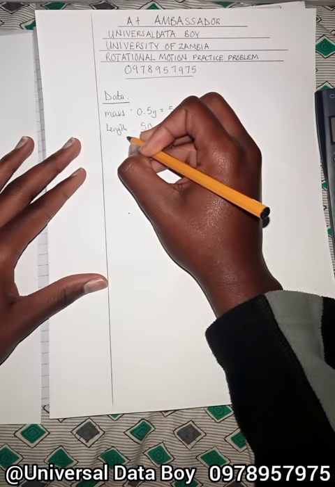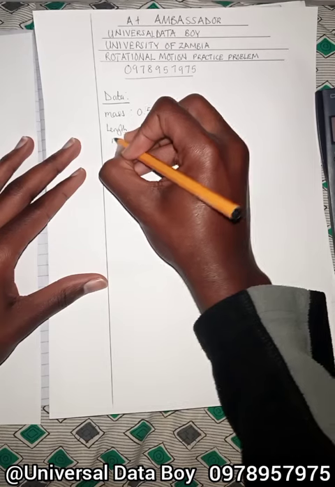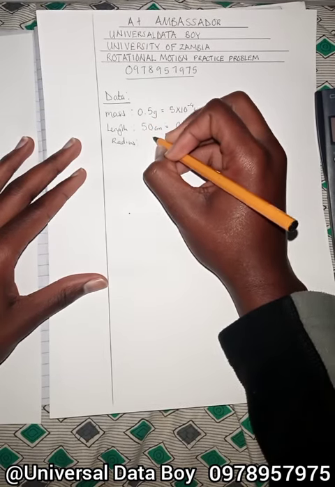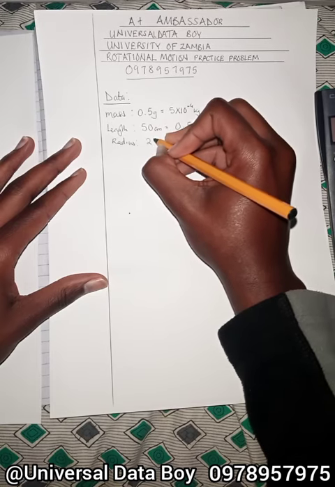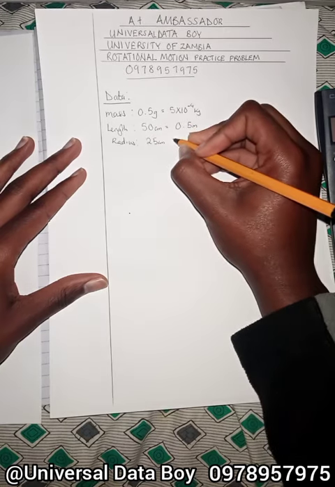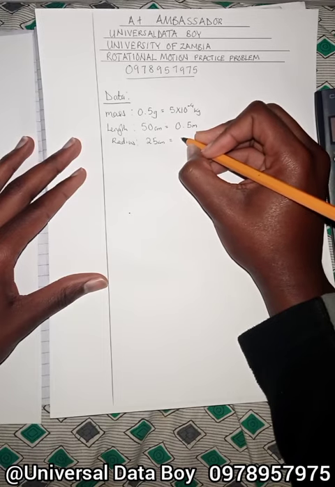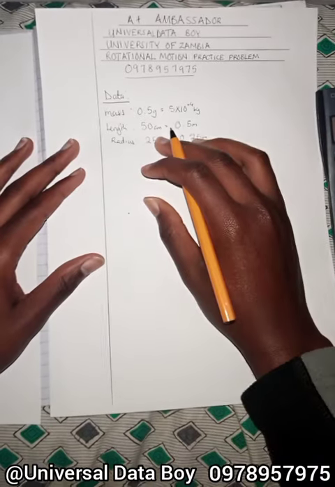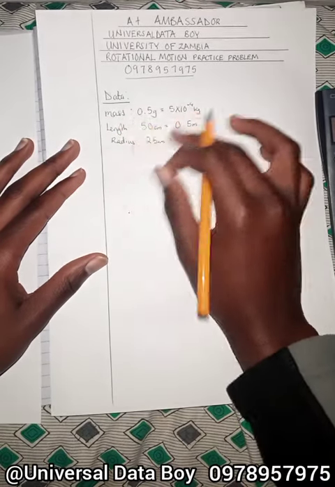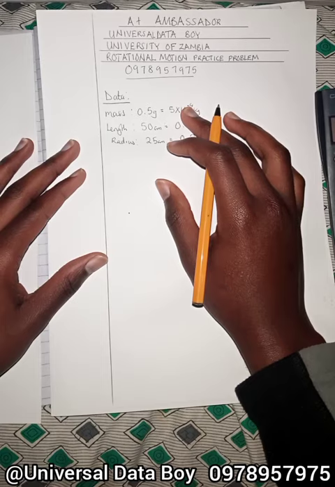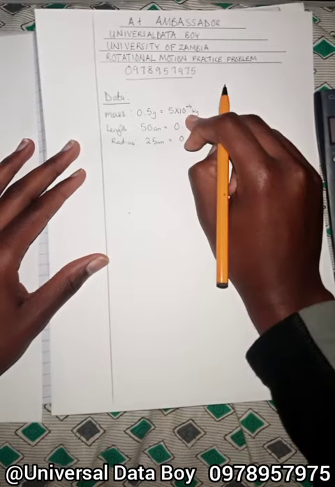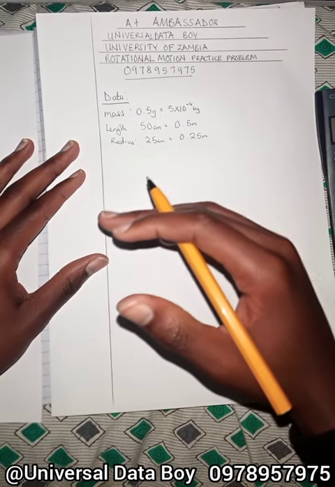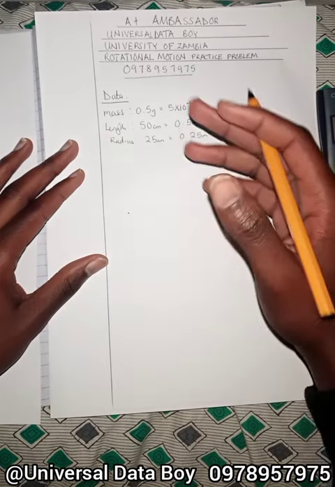And then we also have the radius, which is 25 centimeters, which is 0.25 meters. The good part about writing your data is you earn yourself some marks, and also you will know what you have so that you can get what you don't have, because that's what physics is all about. It's finding what is unknown using the knowns.